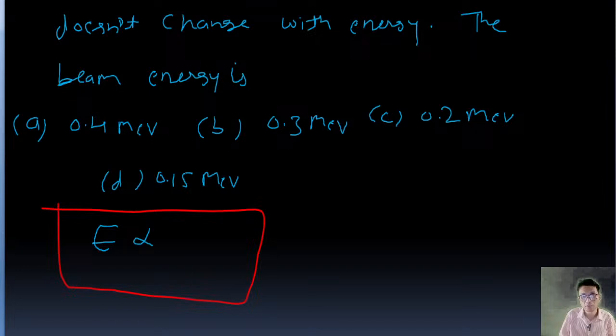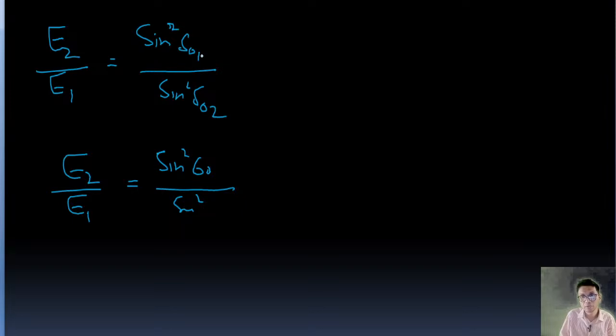E is proportional to sine square delta naught. So here, E2 upon E1, and this is going to be delta 2 and this is delta 1. So this is going to be sine square 60 upon sine square 30.